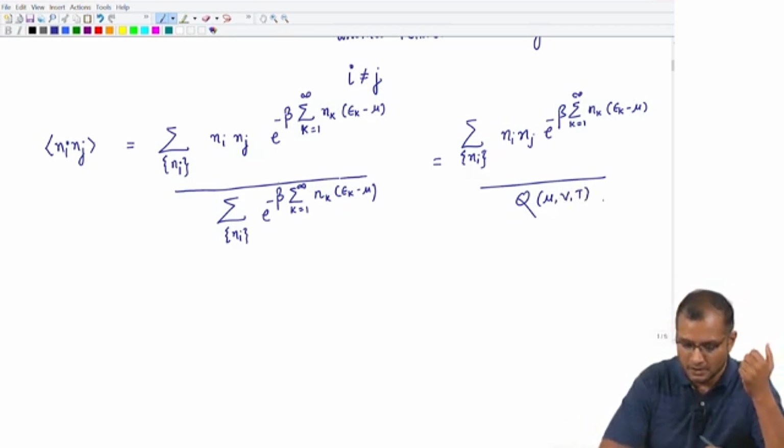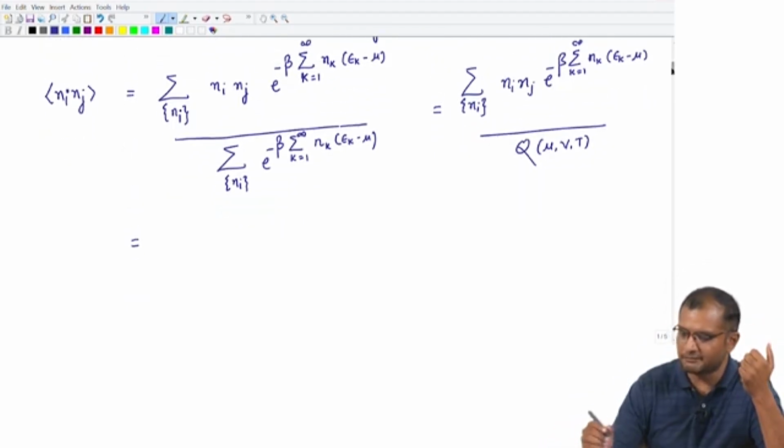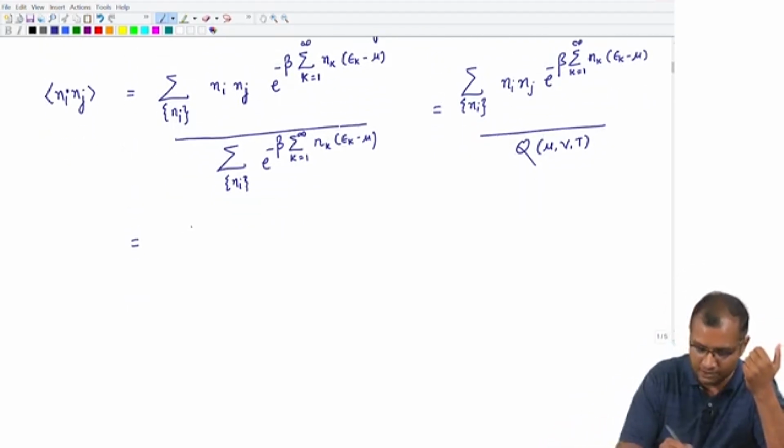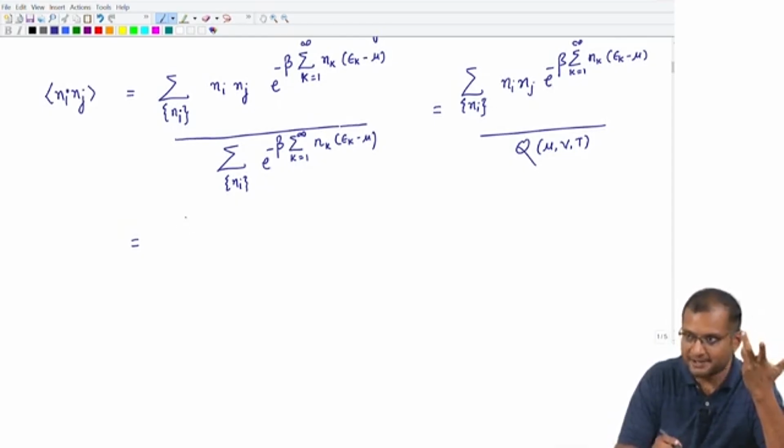Okay. So, you can see that if you look at the numerator, this looks like the derivative of my partition function with respect to the variable Nj and Ni. So, this is like a twice derivative of the partition function.